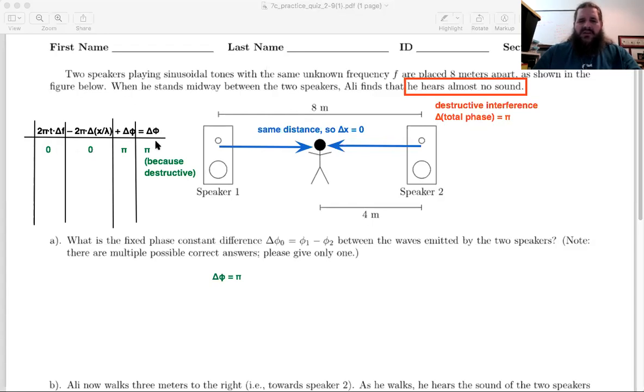We know that the difference in total phase has to be pi, or some odd multiple of pi, because it's destructive interference. The only way to achieve that is for a delta little phi, delta phase shift, to be pi also. And again, we could justify this physically by saying, presumably the speakers are wired oppositely.